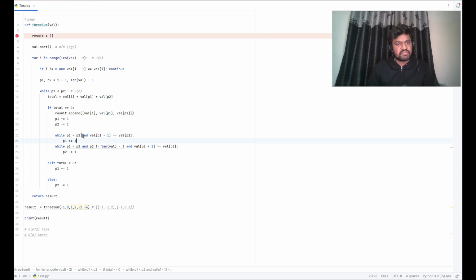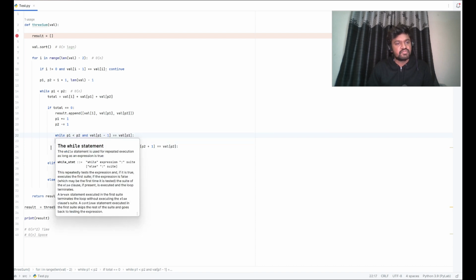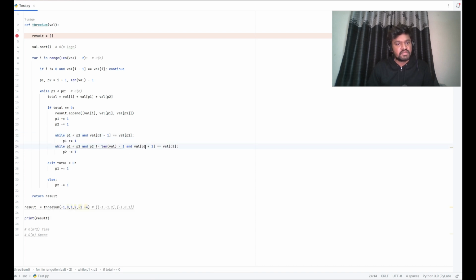What we are doing is the same procedure. If val p1's previous value and current index value are the same, then we increment p1, and the same line applies to p2 as well, where p2 is getting decremented.